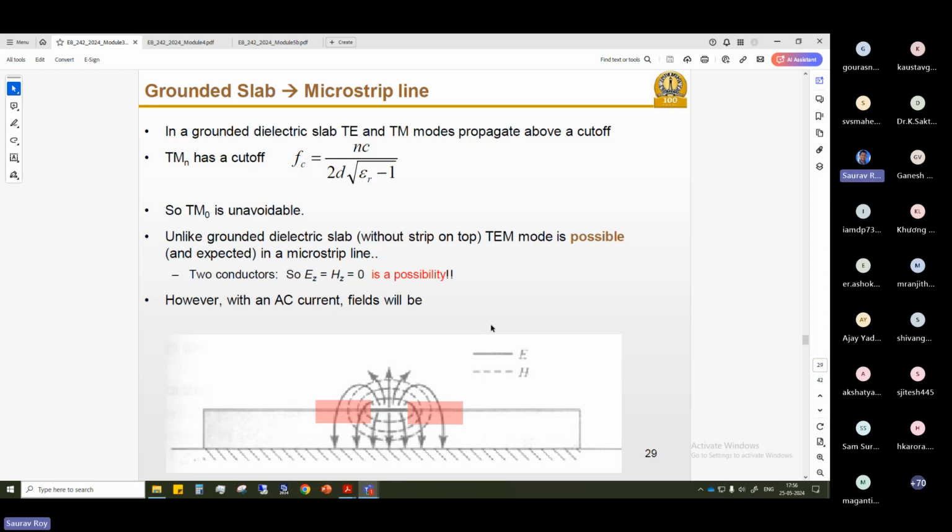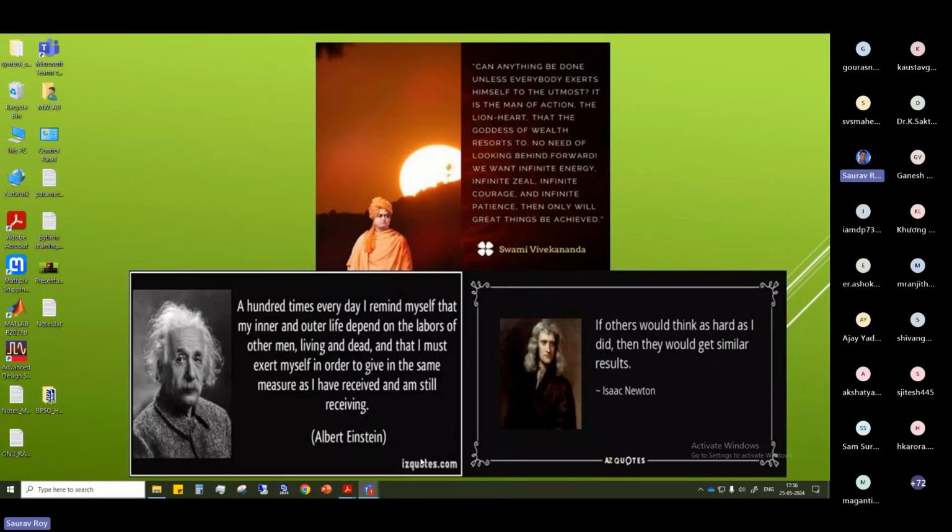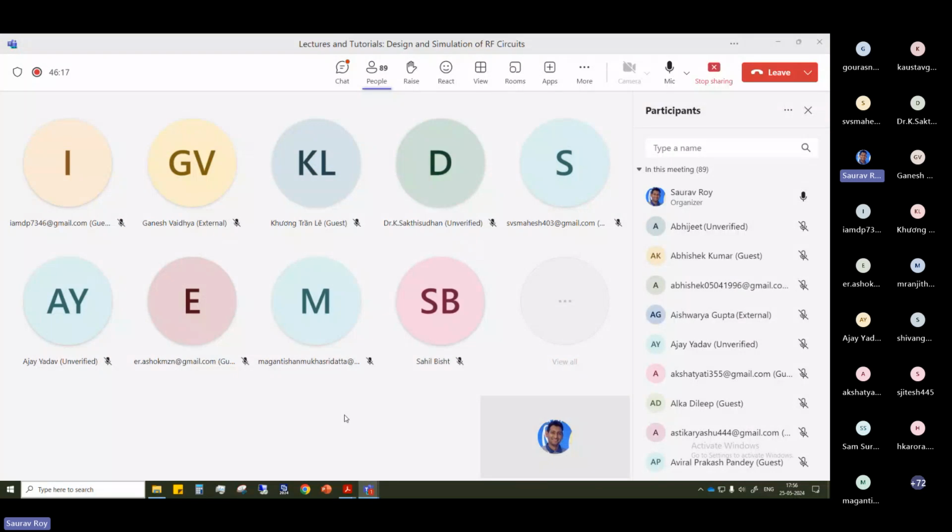So there are two main things in microstrip line or any other transmission line, like even in waveguide: is TEM mode possible or not? I will ask some of you, can you answer that? Is it possible to have a TEM wave in waveguide?